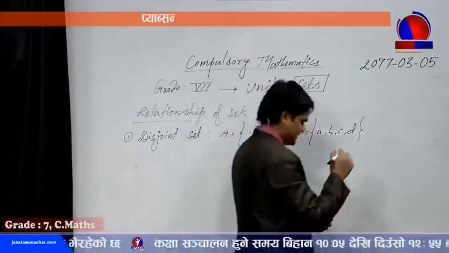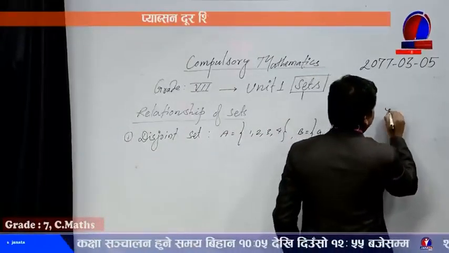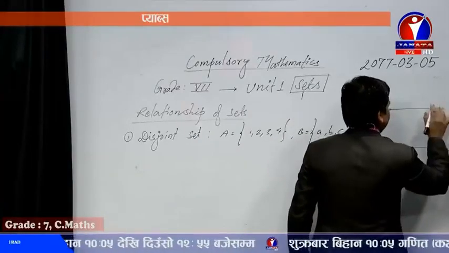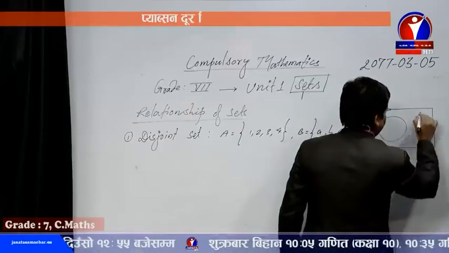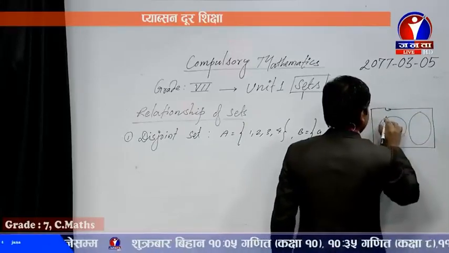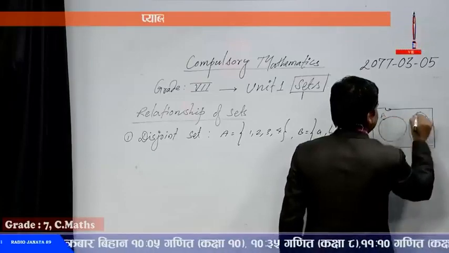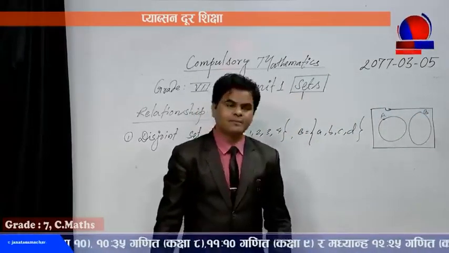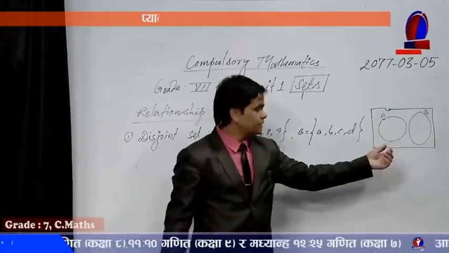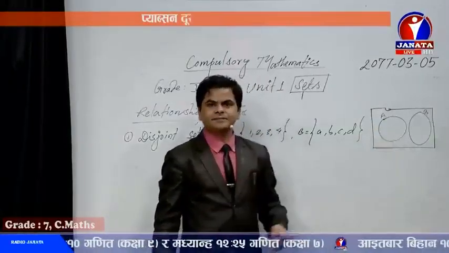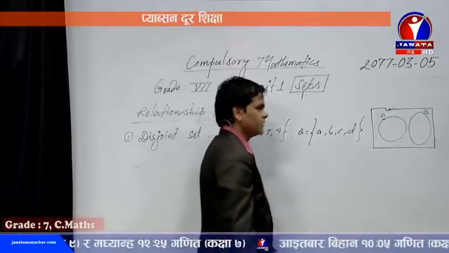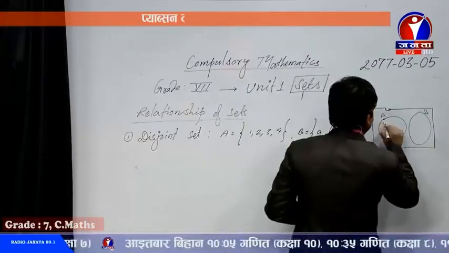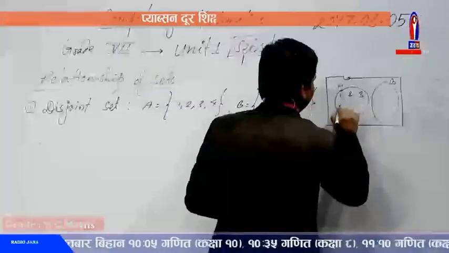And when we represent this information in a Venn diagram, what will it be? This is set A and this is set B. Dear students, there won't be any type of connection between set A and set B. Now let's keep the elements of set A: 1, 2, 3, 4.